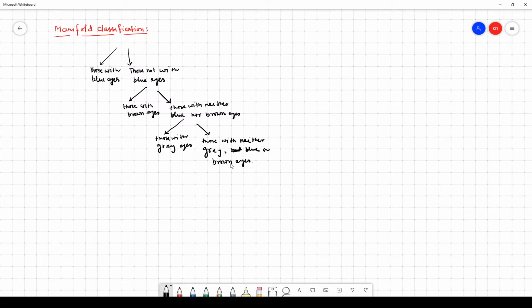Okay, so in that way we can classify this. This is called manifold classification.